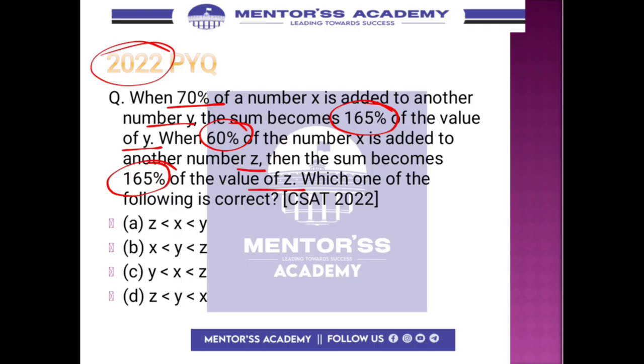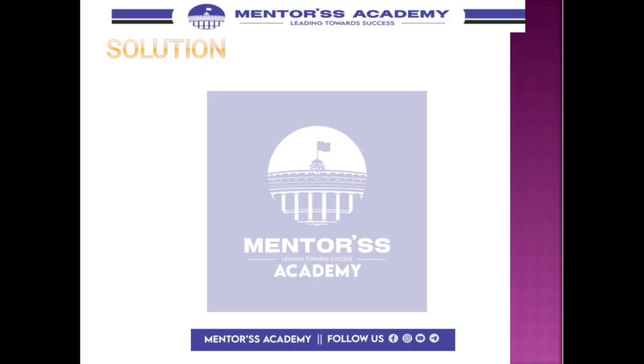So it is said that 70% of a number x is added to another number y, the sum becomes 165% of the value of y. So let's write it in an equation. 70% of x plus y equals 165% of y.